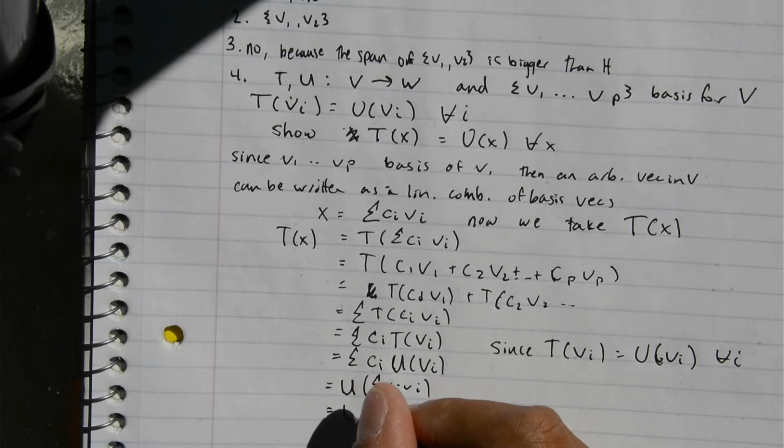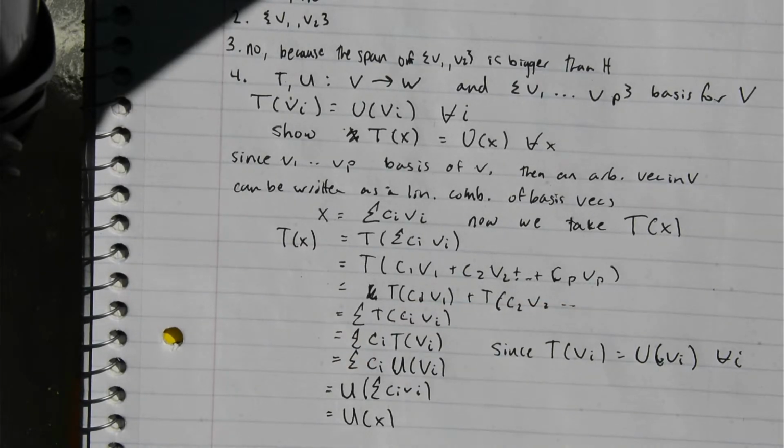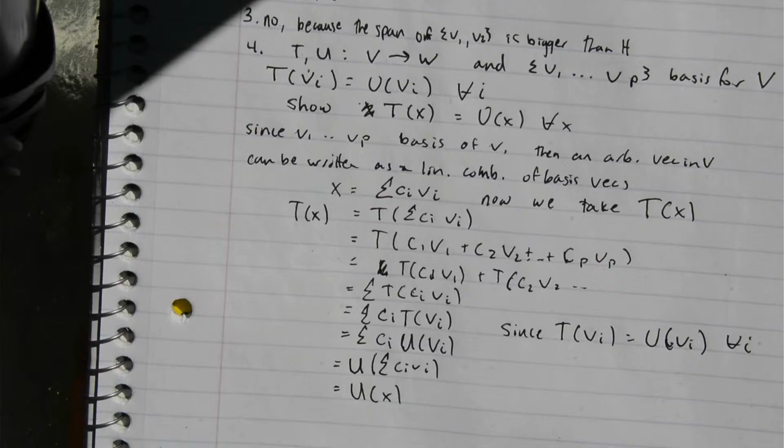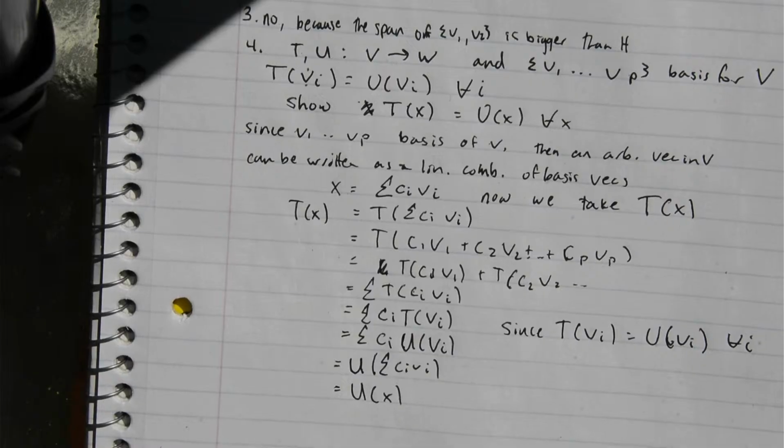But this is equal to U of X. Therefore, they agree on everything. Okay, so there we go. So that's one of the nice proofs in the book.